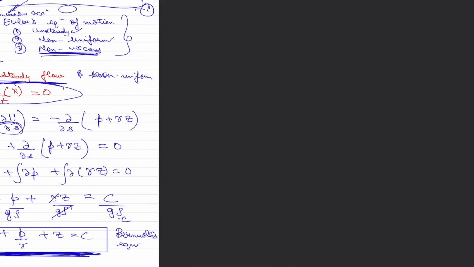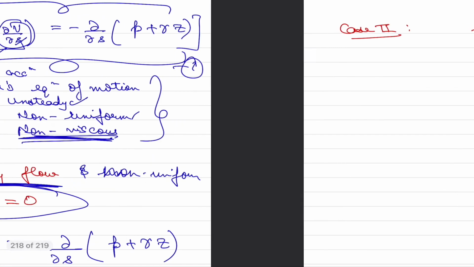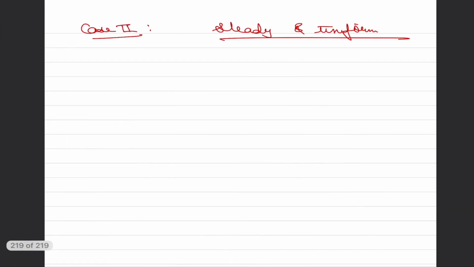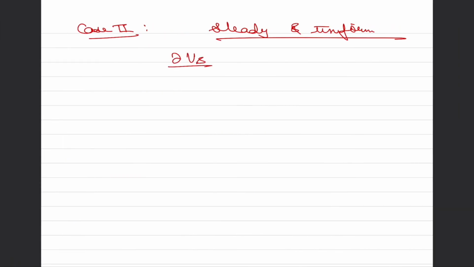Now after this, the second case that we have to consider is when flow is steady and uniform. If we go back to the original Bernoulli's equation, we clearly see that there are terms of time as well as space. When we talk about steady flow, we know that del Vs with respect to time would be equal to 0.